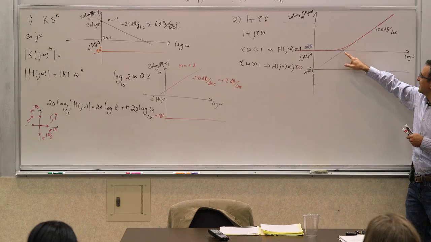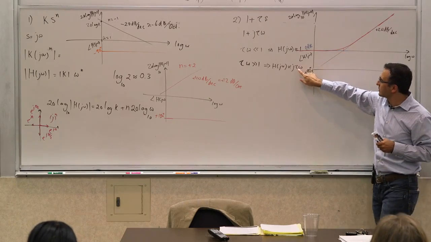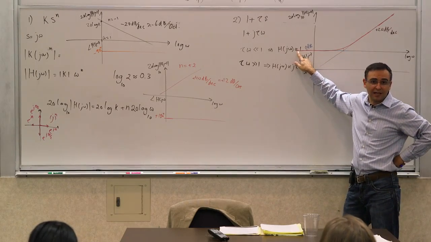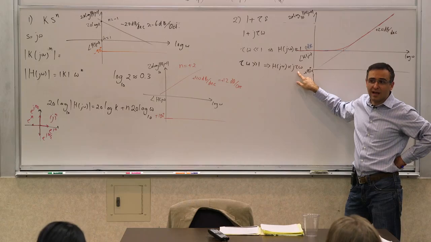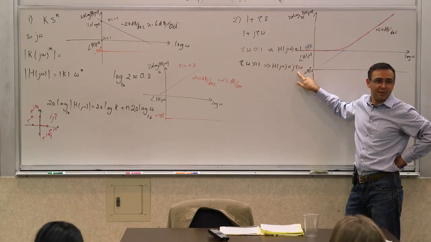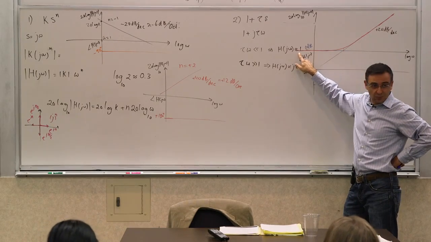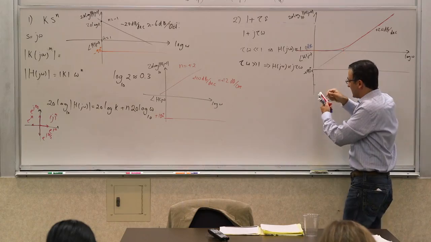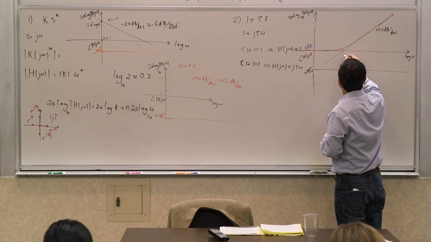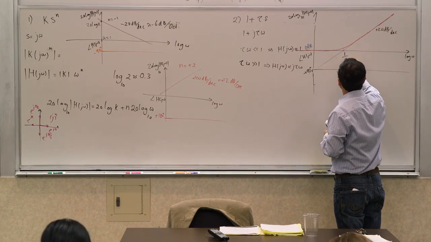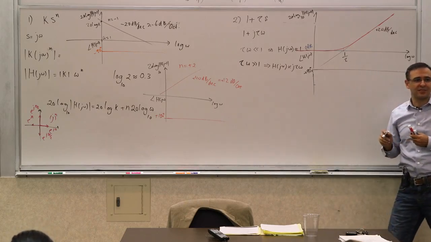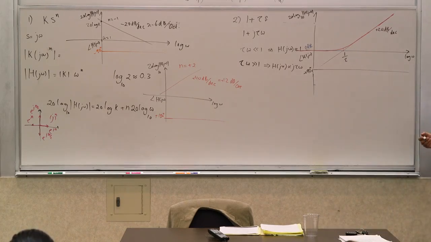When the magnitude of this thing is the same as the magnitude of that thing, right? So the magnitude of this being equal to the magnitude of that. The magnitude of this thing is tau omega, because j has a magnitude of 1, right? The magnitude of this is 1. So this frequency is what? 1 over tau.